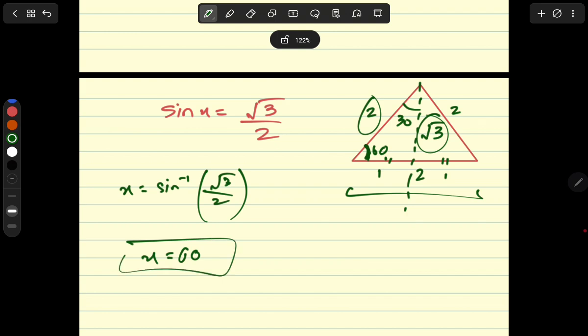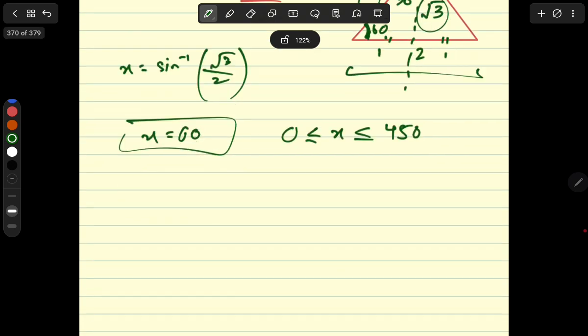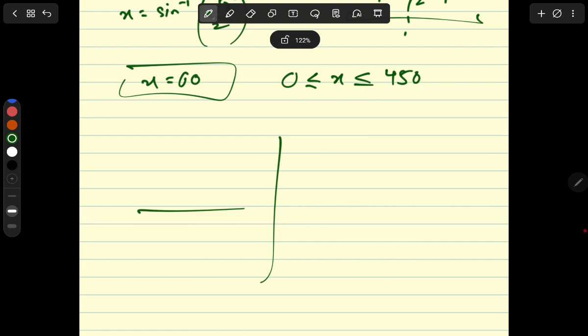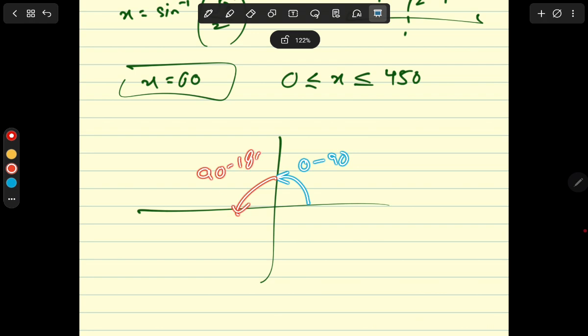Now if the domain is given between 0 and let's say 450, so now we are talking about 5 quadrants, 0 to 90, right? Then we are talking about 90 to 180 degrees. Then 180 to 270 degrees.